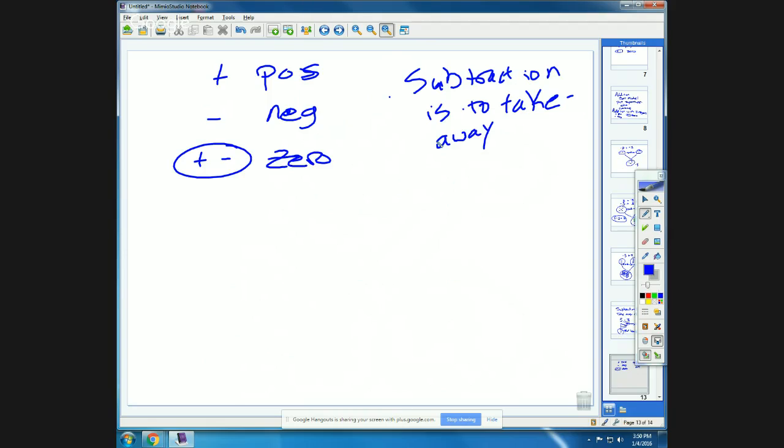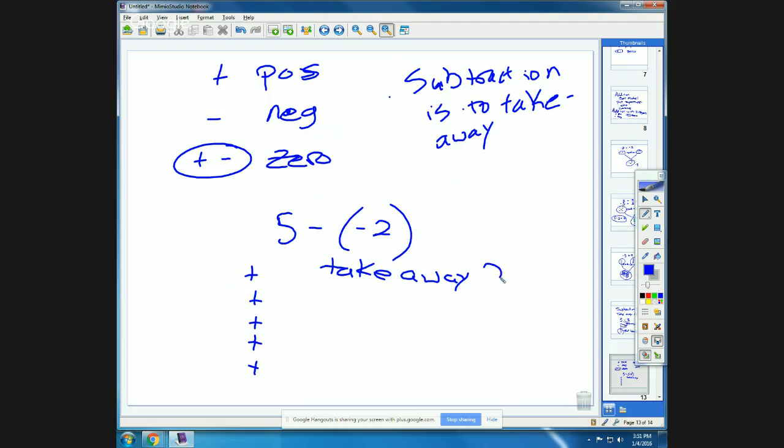So what if I wanted to do something like 5 minus negative 2? Okay, so that says from 5, so there's 1, 2, 3, 4, 5. I have to take away 2 negatives.